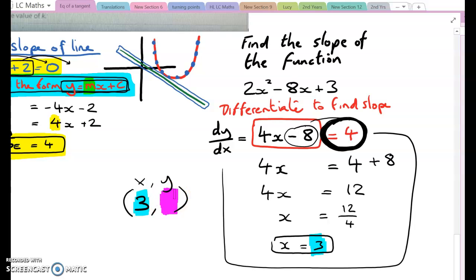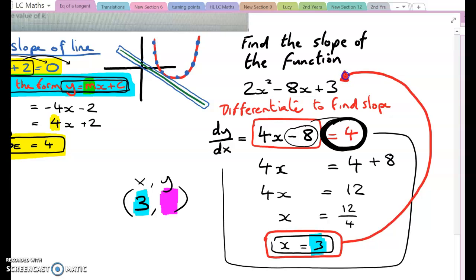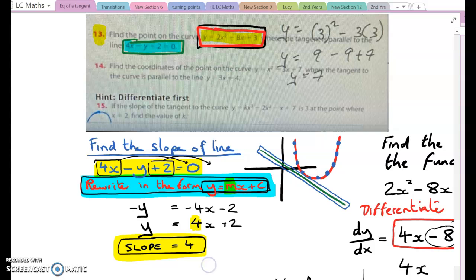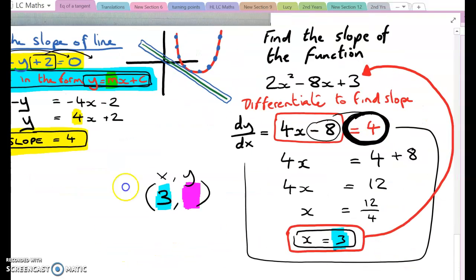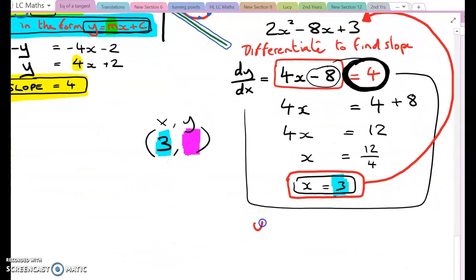Well, that's fairly straightforward. To find the y coordinate, we take what we got for x, which was 3, and sub it back into the original equation. Because if you notice in the question, it says y equals all of this. So if I think of it that way, y equals 2x squared minus 8x plus 3.